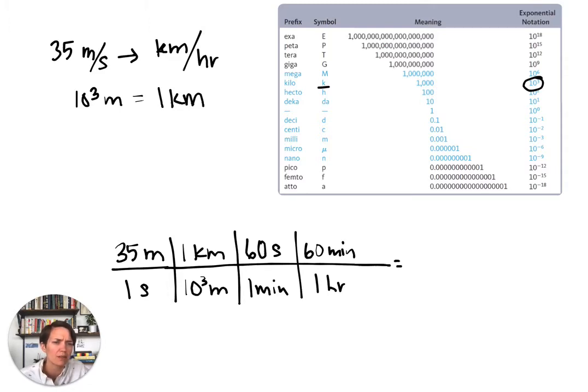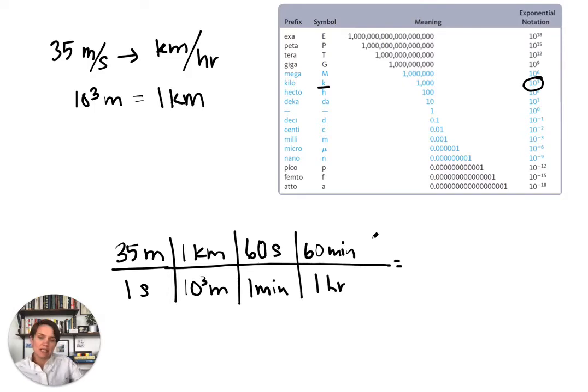I don't expect you to memorize conversion factors outside of being able to use this chart, but I'll never tell you things for converting time because time is universal. No matter where you're from, you know that there's 60 seconds in a minute, 60 minutes in an hour, 24 hours in a day, 365 days, unless it's a leap year, per year.